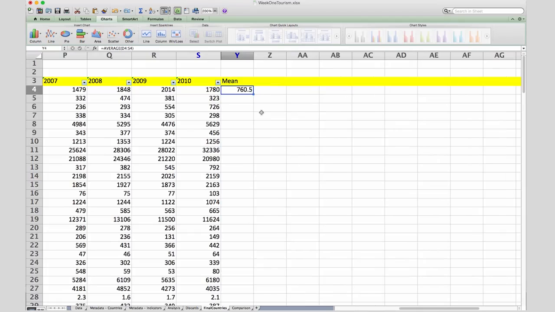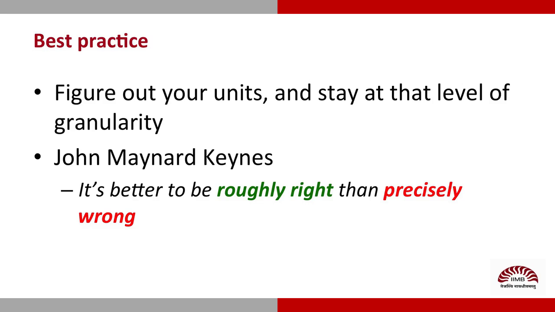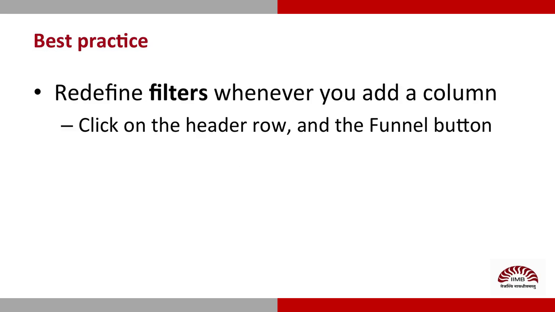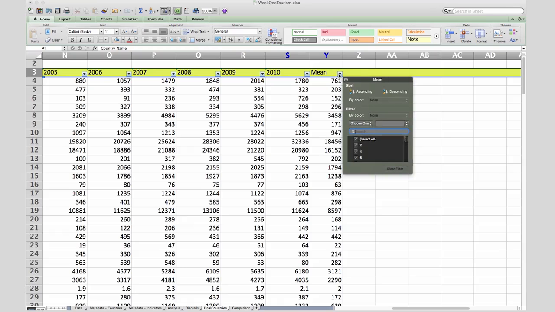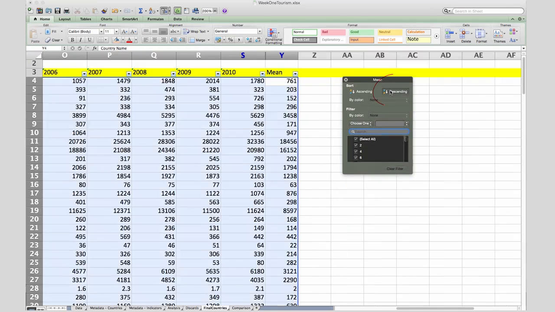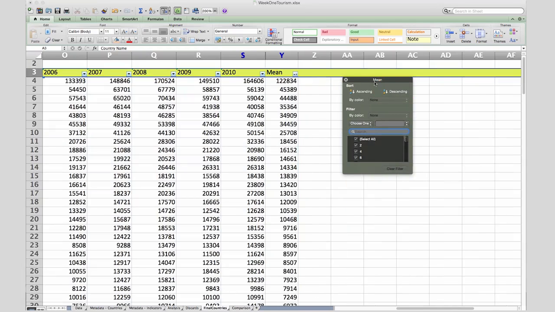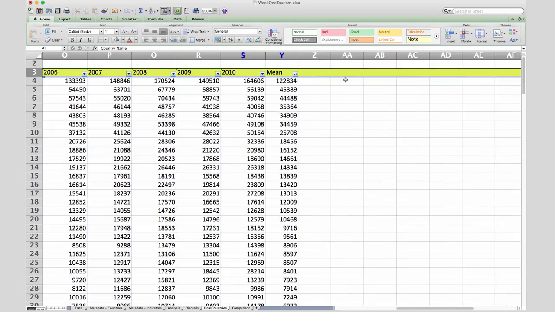Now let's replicate this computation across all of the countries and then sort them by the descending order of their average receipts. So I get back to my column containing the mean, and I would like to sort the countries in the descending order of the average tourism receipts. The highest one being $122.8 billion.